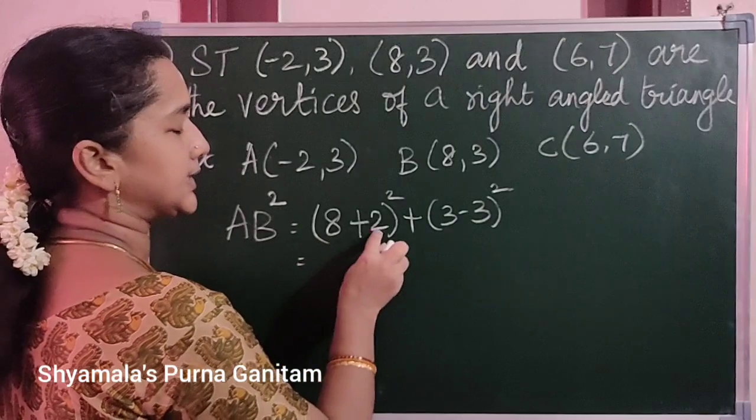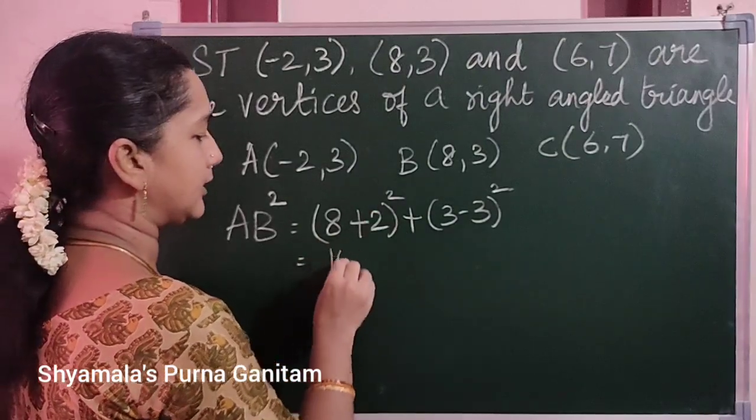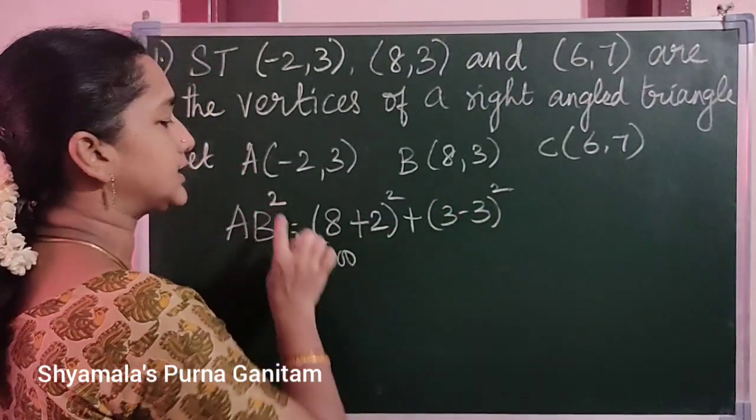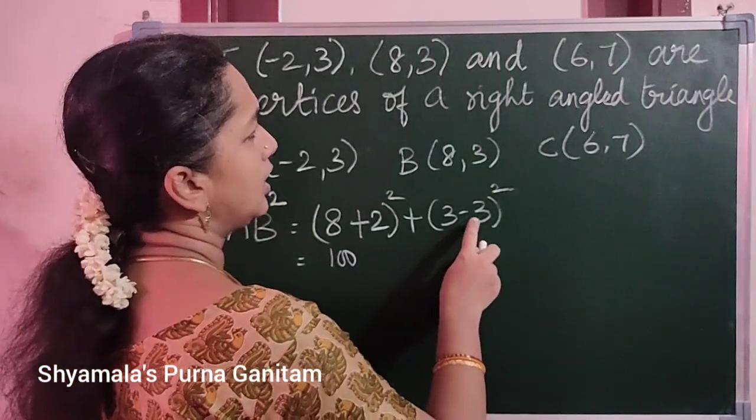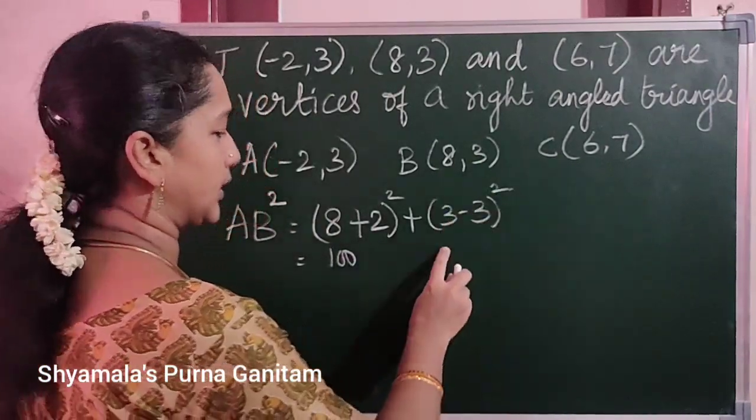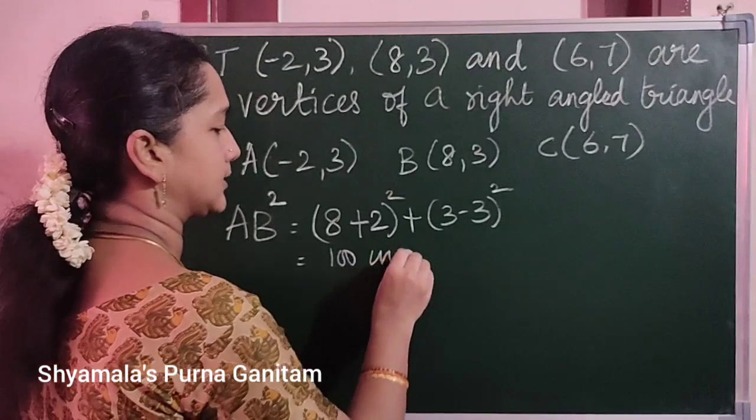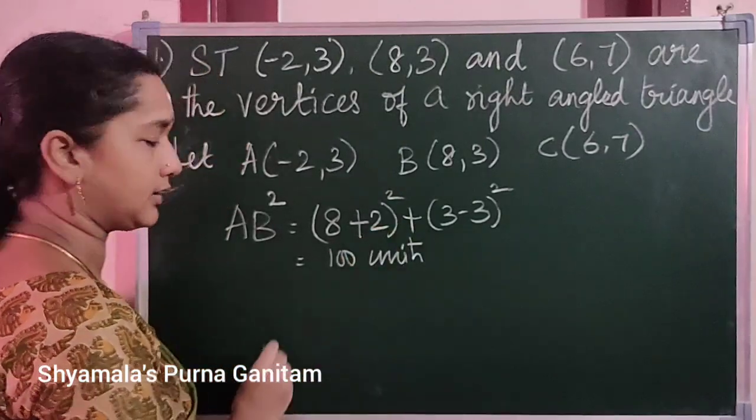When you simplify this, 8 plus 2, which is 10, squared is 100. And 3 minus 3 the whole square is 0. So AB squared is 100 units.